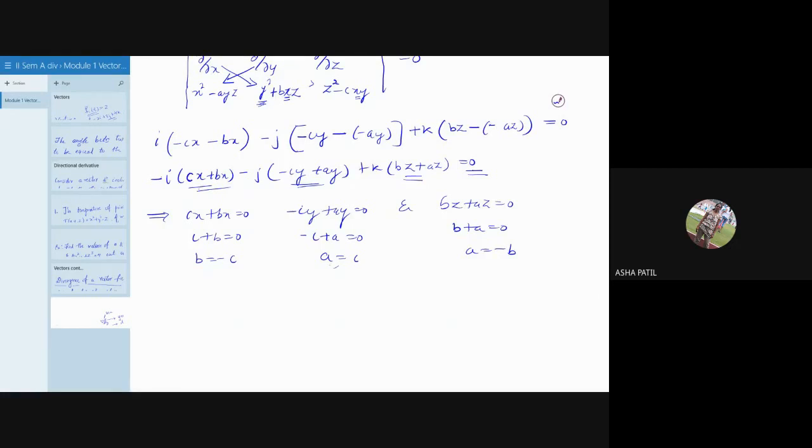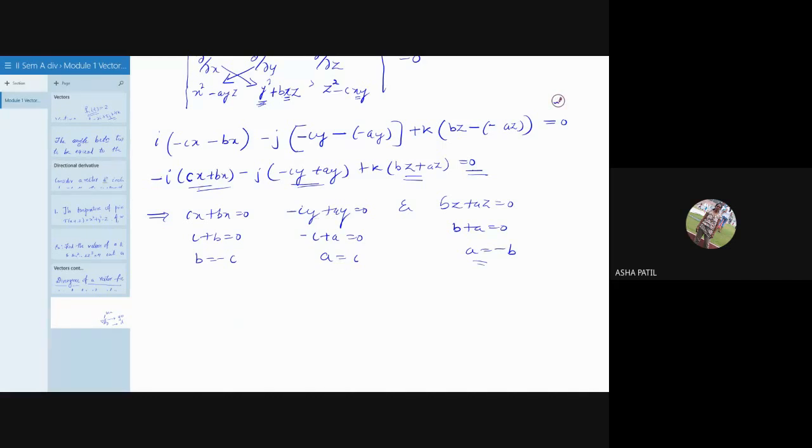A is c here. If you put it in this equation, what will you get? b equal to, it can't get here. How to solve this now? Again, here it is b equal to minus a only.